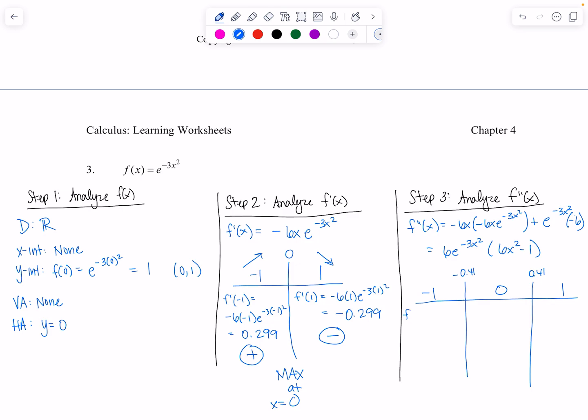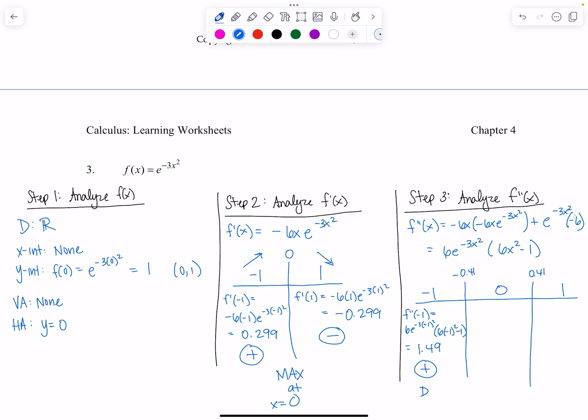Our second derivative at -1 will give us 6e to the -3 times -1 squared times 6 times -1 squared minus 1. So that gives us 1.49, positive.